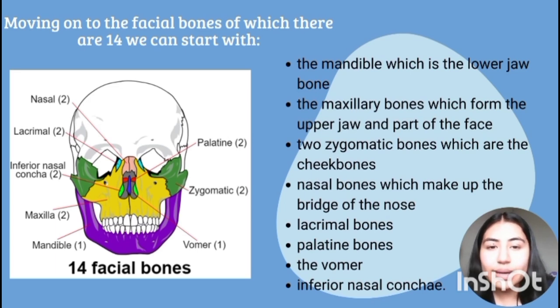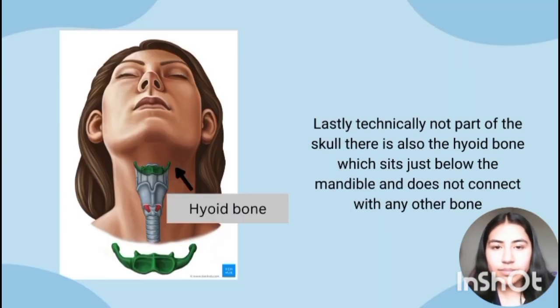Next, we have two zygomatic bones, which are the cheekbones, nasal bones, which make up the bridge of the nose, lacrimal bones, palatine bones, the vomer, and inferior nasal conchae.